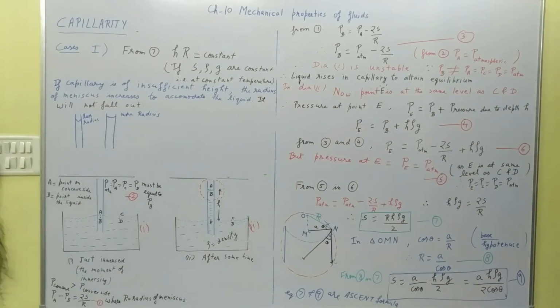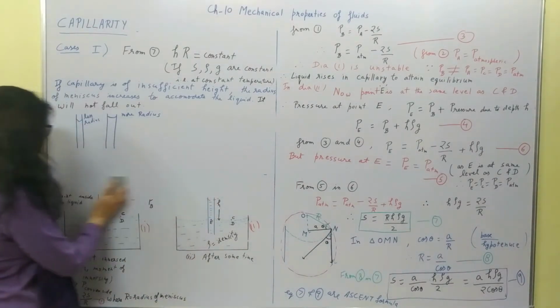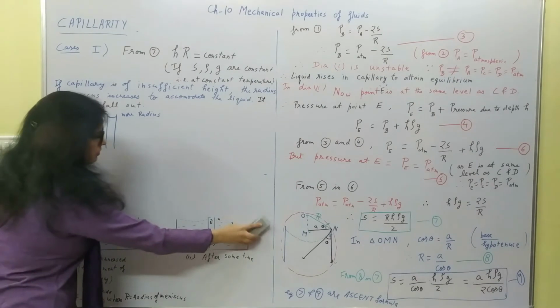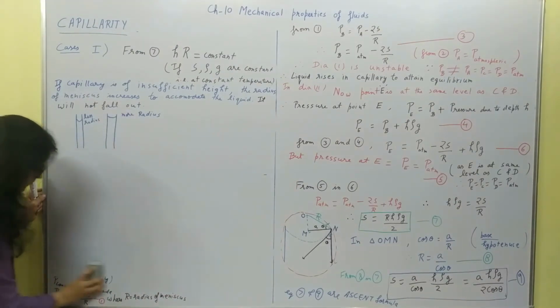Second case is the relation between the cross section and the height of the liquid.